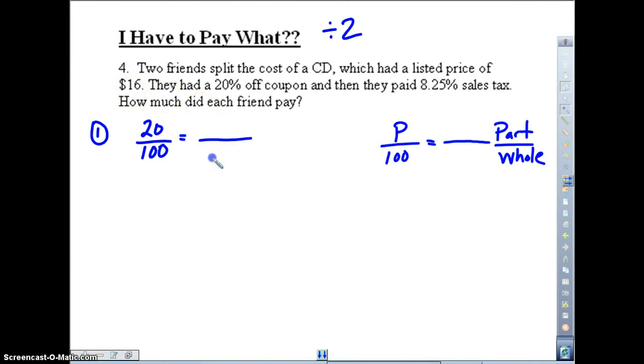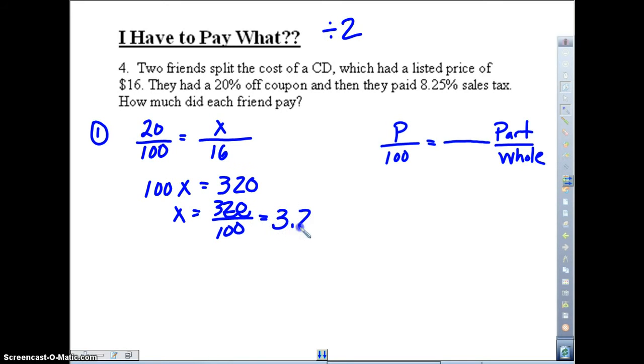No, that's the whole. Let's put 16 down here and x up here, and then cross multiply to solve. That's going to be 320. So x equals 320 divided by 100. Did you know dividing by 100 moves your decimal point 2 places to the left? So I get 3.20.